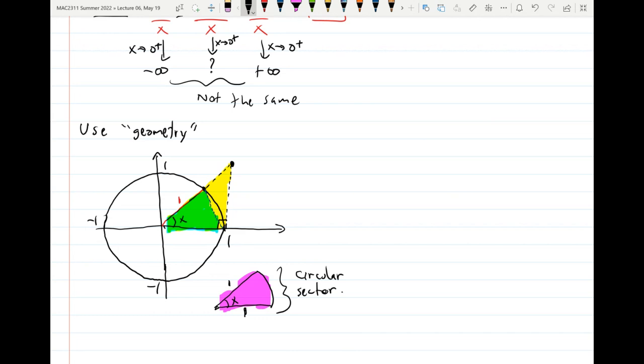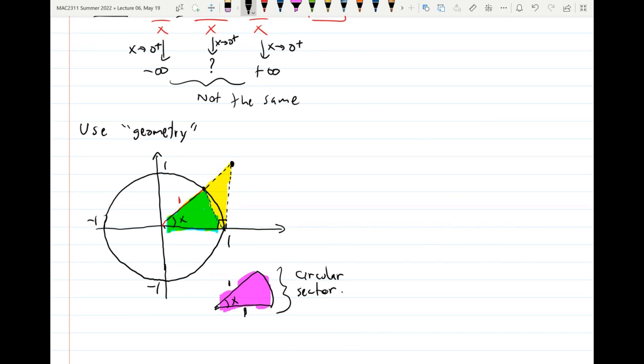And I want you to understand that we have a very nice inequality that we can draw now by looking at this. For example, the area of the small green triangle is less than the area of the sector. Notice how the sector is slightly bigger than the triangle. There is that little curvy thing that's more than the triangle. But then the sector itself is less than the big triangle because it's inside the big triangle, as you can see from the picture.